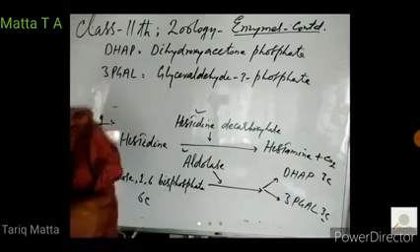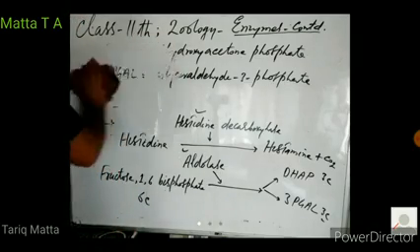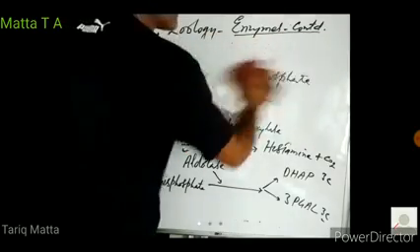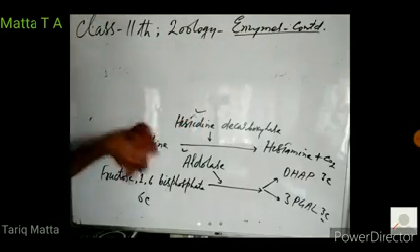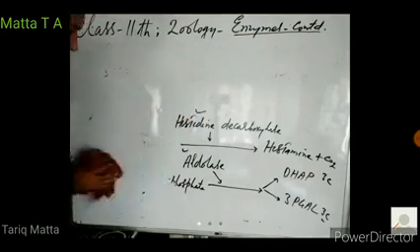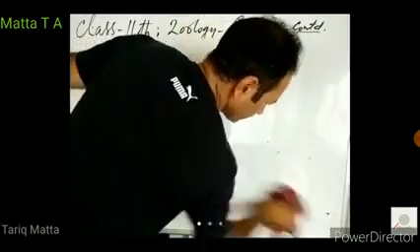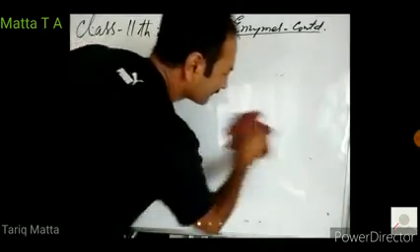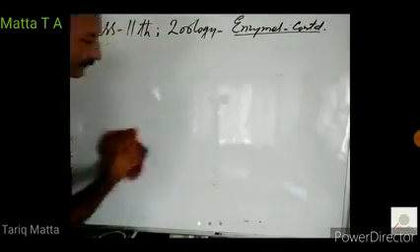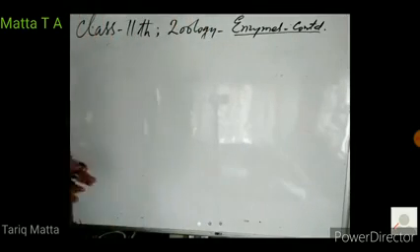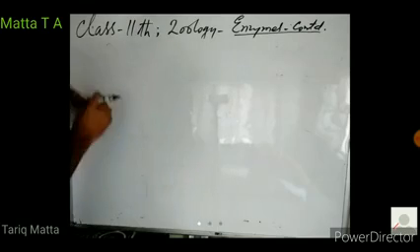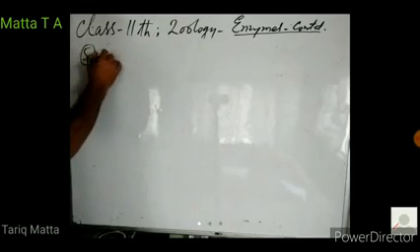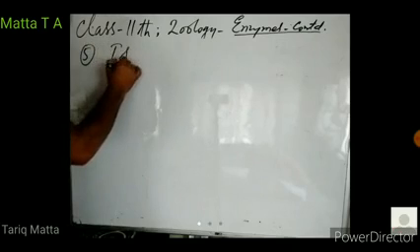Then we have another class of enzymes. They are known as isomerases. Fifth category, fifth class: isomerase.